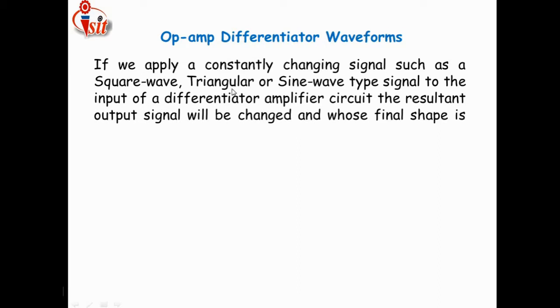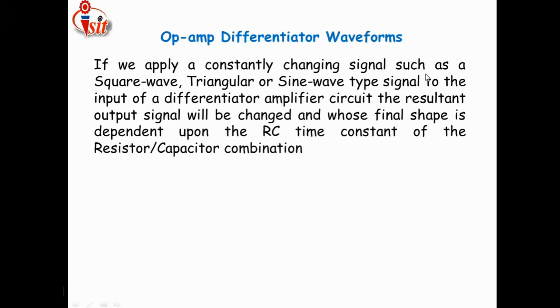Just see, if we apply a constantly changing signal such as a square wave, triangular wave or sine wave to the input of the differentiator amplifier circuit, the resultant output signal will change and its final shape is dependent upon the RC time constant of the resistor and capacitor combination.